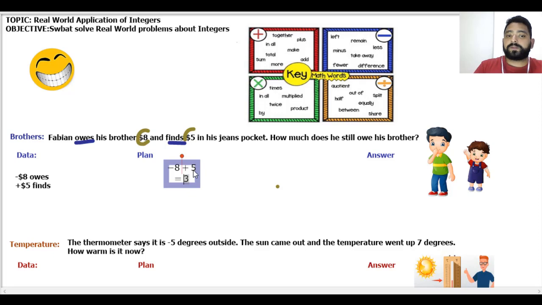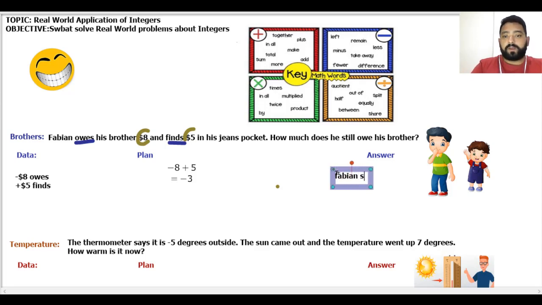But remember, you have to think about the sign for the answer. 8 is greater than 5 and the sign for 8 is negative, so the answer is going to be negative. You can say Fabian owes negative $3. But the question is how much does he still owe his brother? So you're going to write the answer as a word phrase.